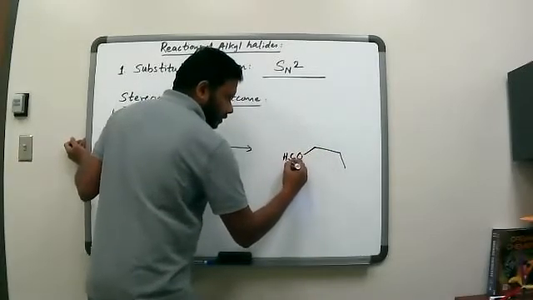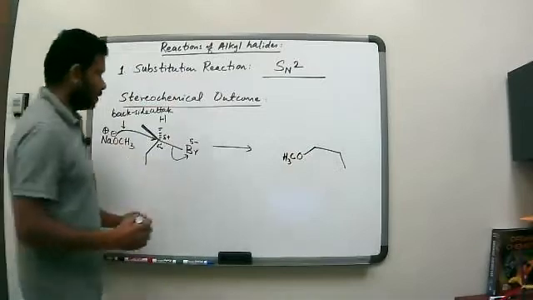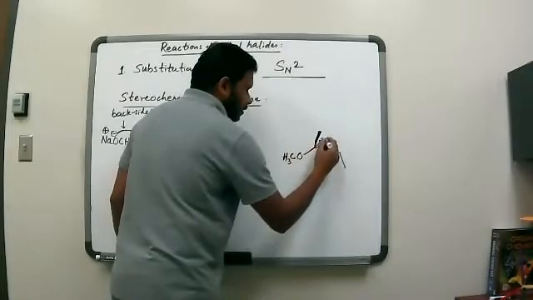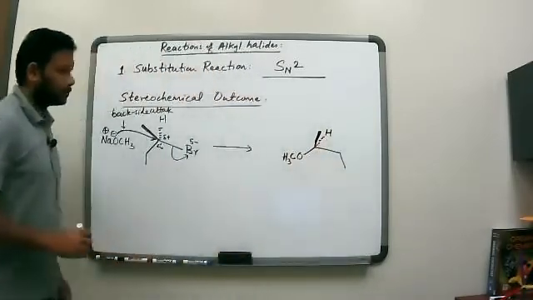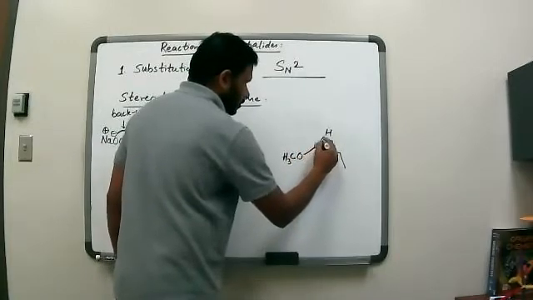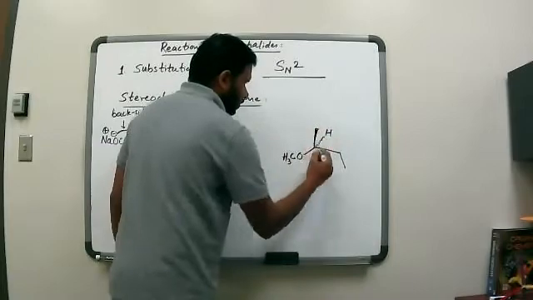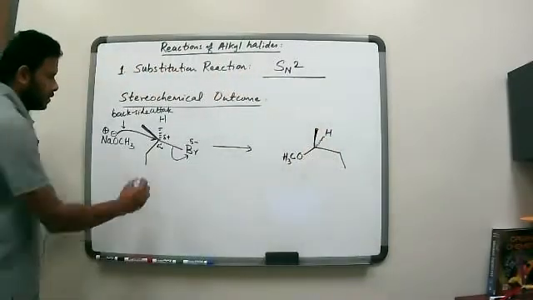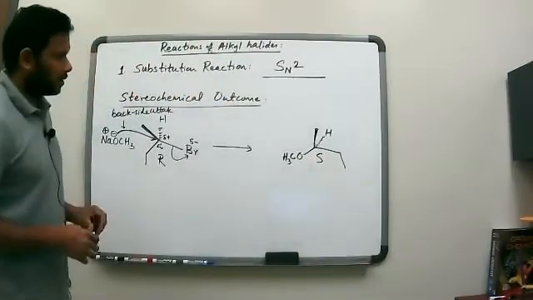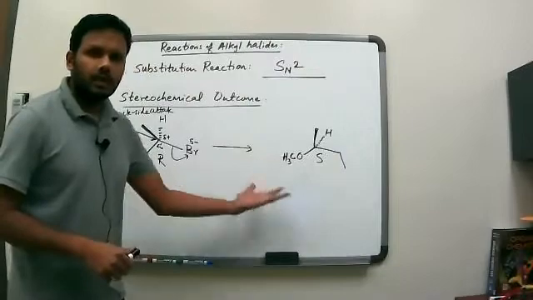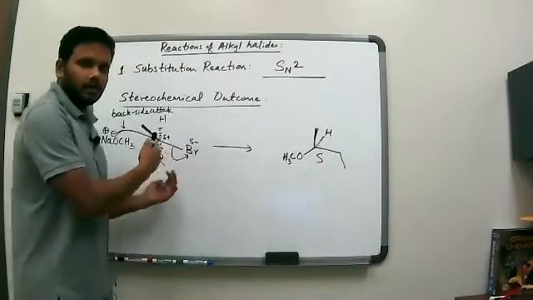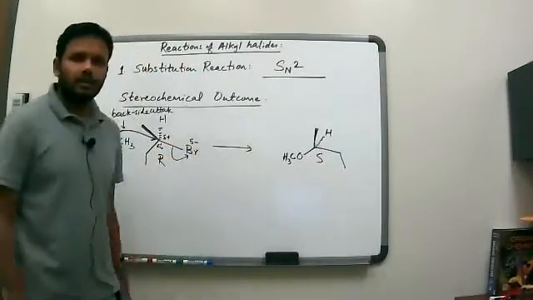The methoxy is connected from the left side now, and then our methyl is there, and let's say the hydrogen is there. We can draw it a little better by doing this. And this is R, and we saw earlier that the other one is S. So there is an inversion of configuration. So the backside attack explains why this inversion of configuration happens.